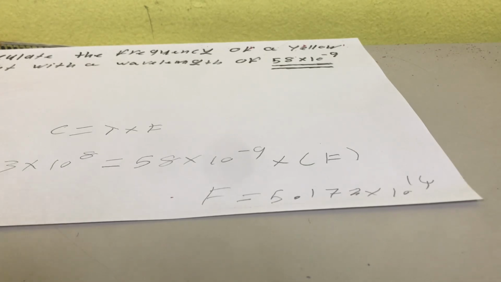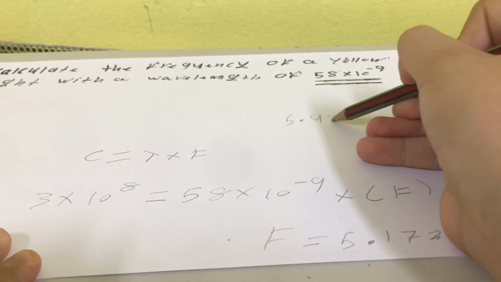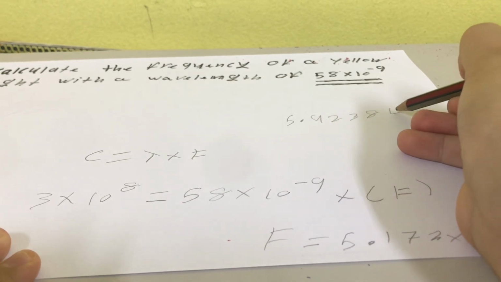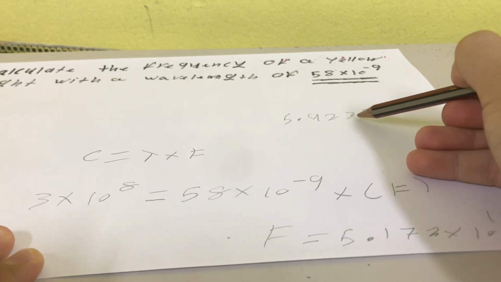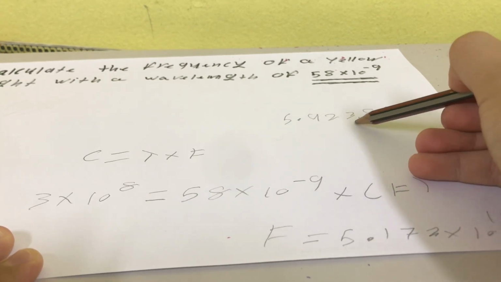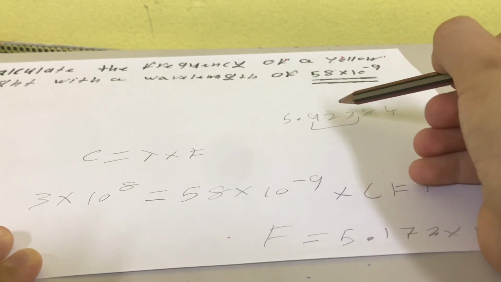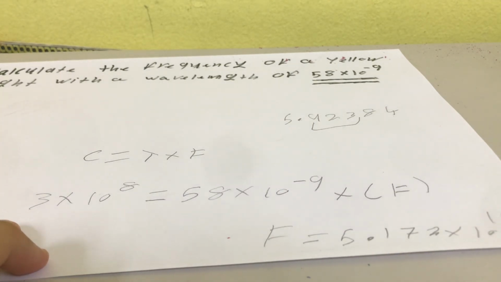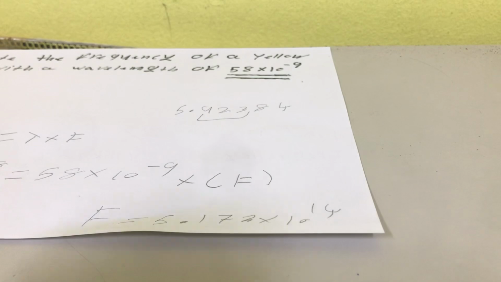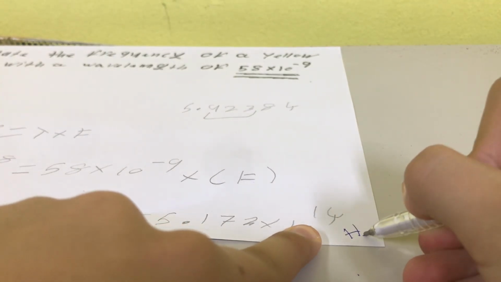For example, if you have 5.92384, we take three numbers after the decimal, which are 9, 2, and 3. We put 5, the point, and 9, 2, 3. Here I forgot to put the unit. The unit is hertz because we are finding the frequency.